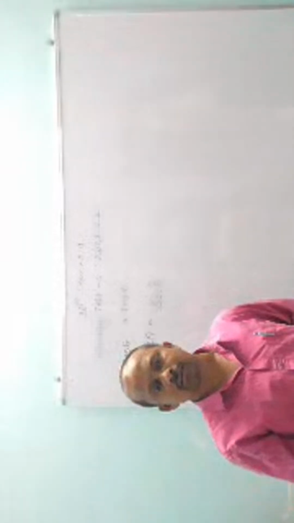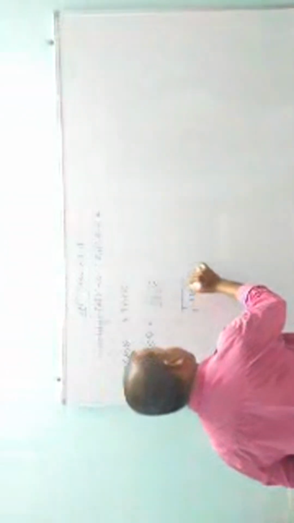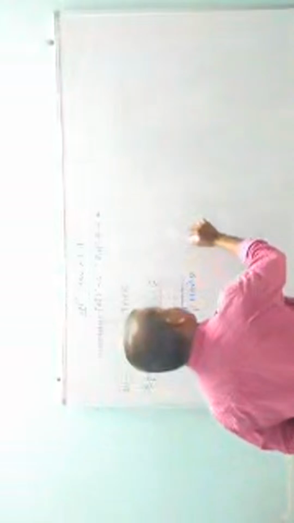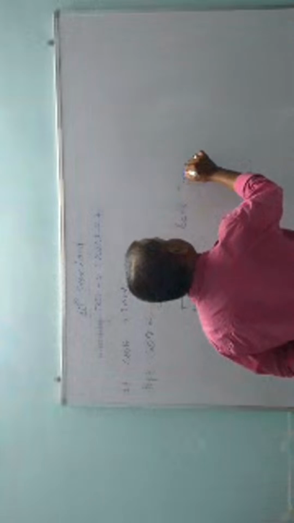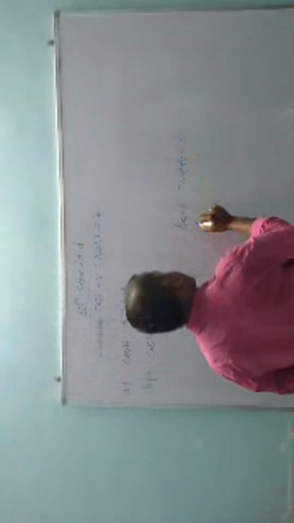So cos theta can be written as 1 by sec theta, since sec theta is the reciprocal of cos, and vice versa. Next, 1 by sec theta can be written as 1 by square root of 1 plus tan square theta, since we have the second identity, sec square theta minus tan square theta is equal to 1.